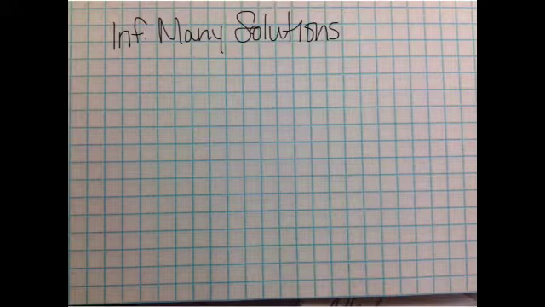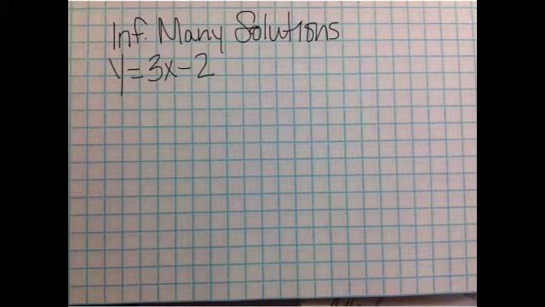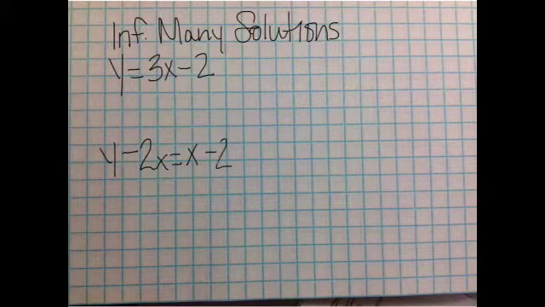Infinitely many solutions. Now let's look at these two equations. Your directions are to solve the system by graphing. y equals 3x minus 2 and y minus 2x equals x minus 2.